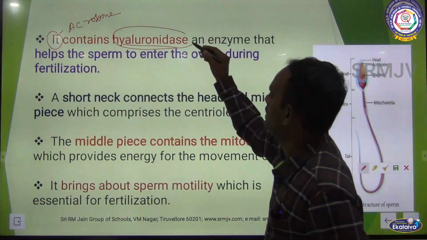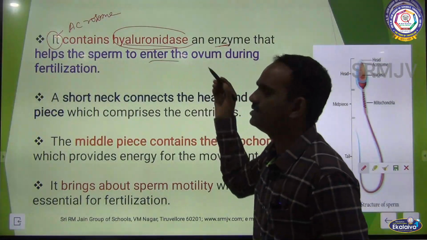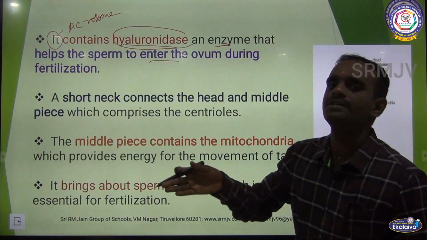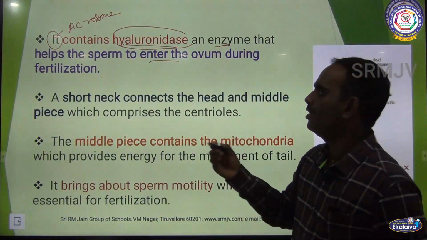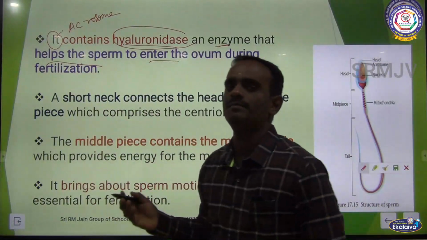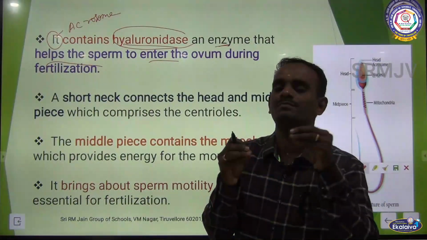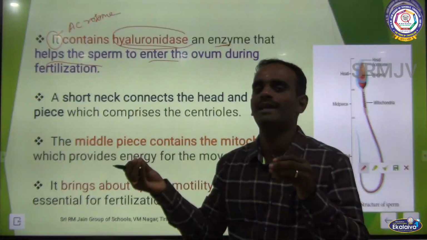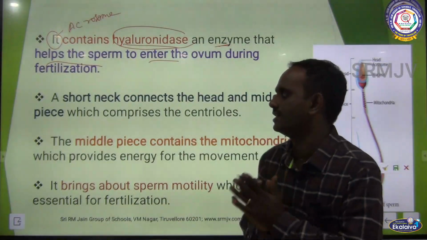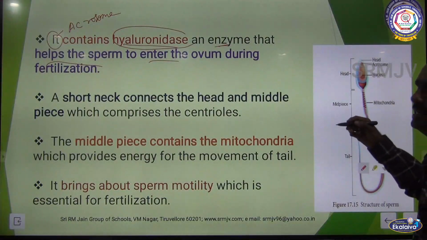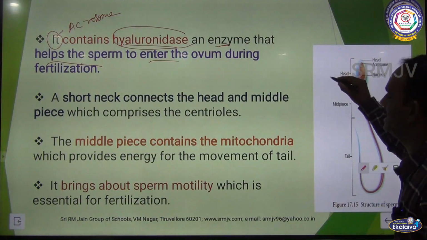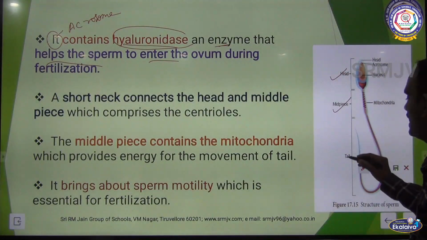This particular enzyme is very essential for the entry of sperm into the egg during fertilization. You know very well, fertilization is nothing but fusion of gametes, male gamete sperm and female gamete egg, that is called fertilization.